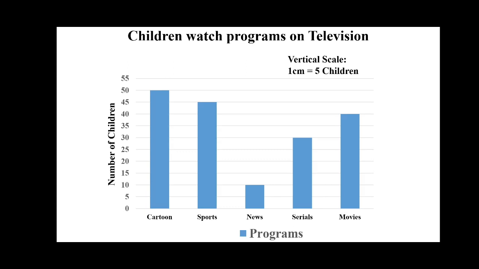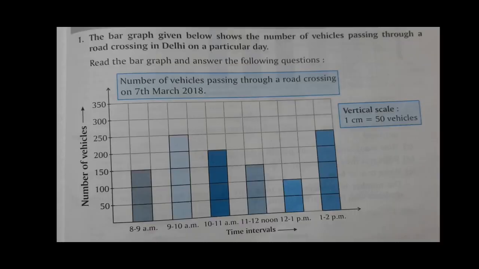First question. The bar graph given below shows the number of vehicles passing through a road crossing in Delhi on a particular day. Title of the bar graph is Number of Vehicles Passing Through a Road Crossing on 7th March 2018.